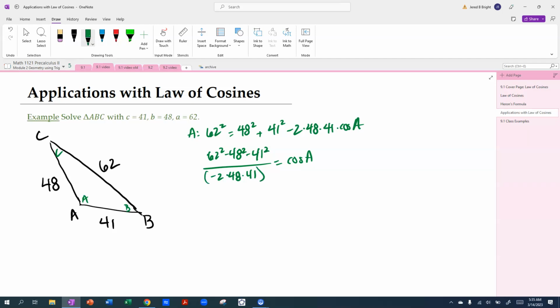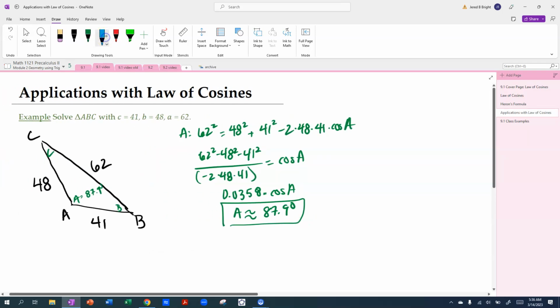This ends up being about 0.0358 for cosine of A. If you do inverse cosine of each side, you get that A is approximately 87.9 degrees. So my drawing obviously isn't to scale, because that's darn near a right angle. It is what it is.